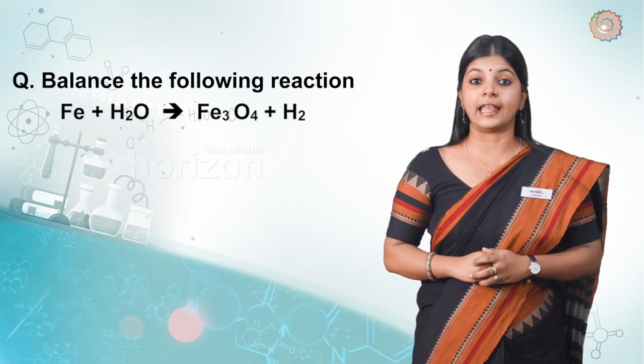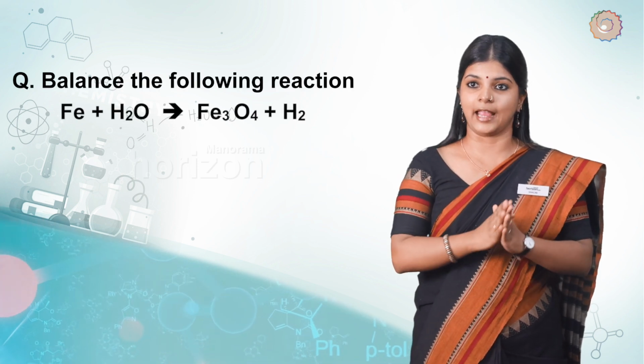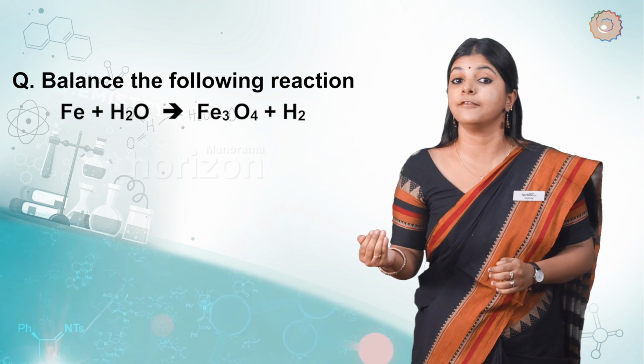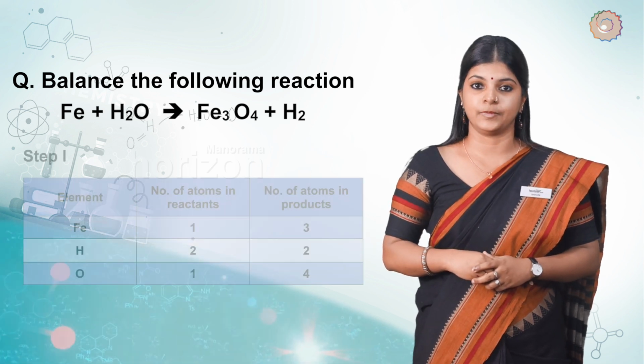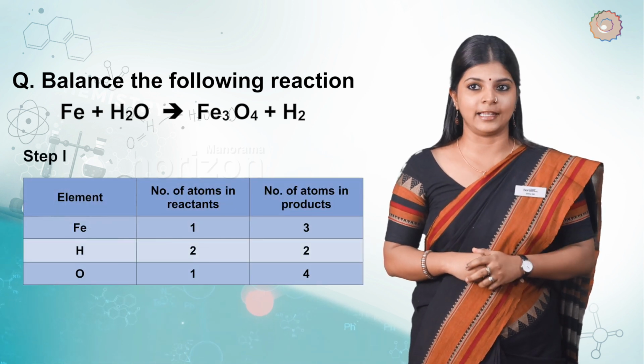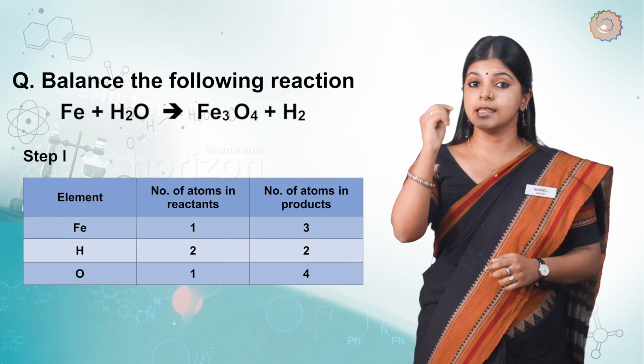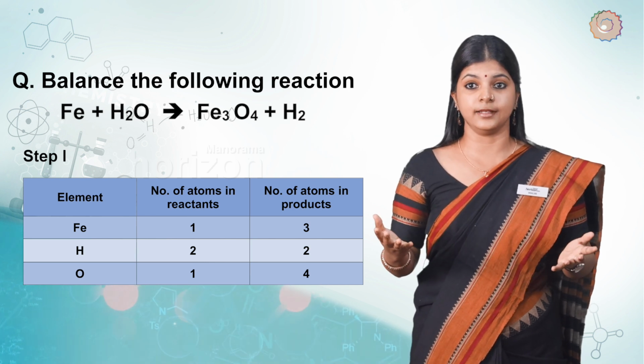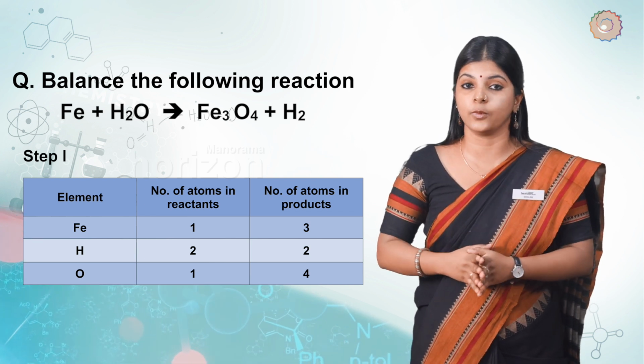You just have to follow the 4 simple steps. First of all, let's take an unbalanced equation which is Fe plus H2O giving Fe3O4 plus H2. Now step number 1 of balancing is to list the number of atoms of different elements present in the unbalanced equation.